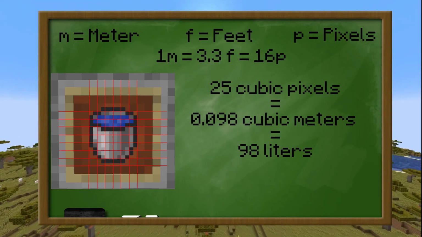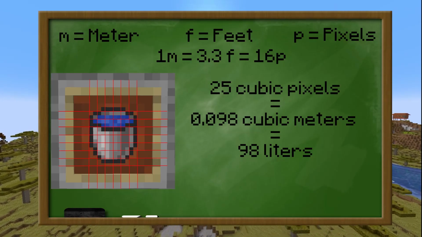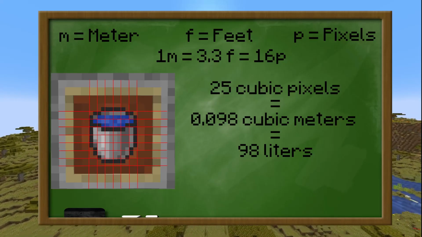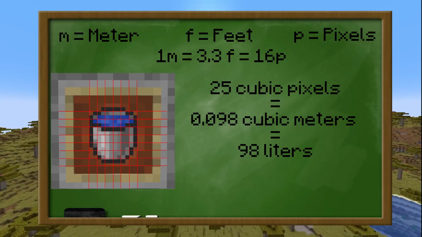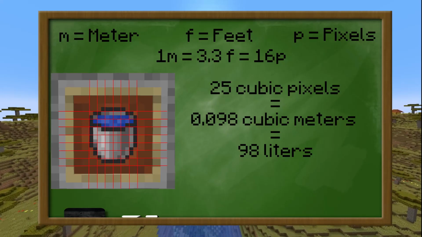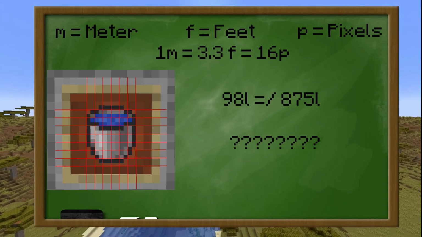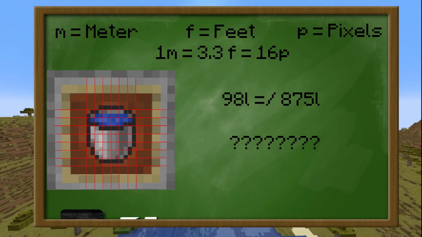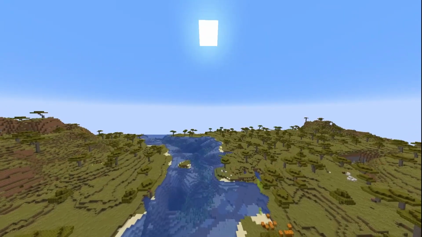0.098 cubic meters. And does anyone know what that is in liters? 98 liters. How in the flipping heck is it possible for a bucket to only have space for 98 liters when it sucks up 875 liters? When it's a source block!